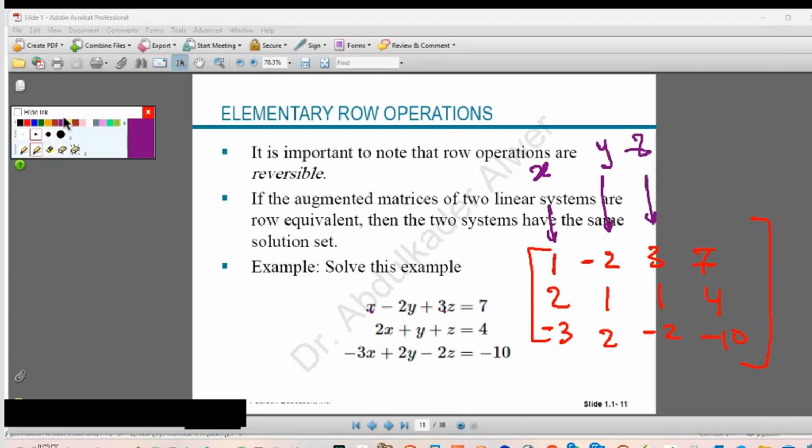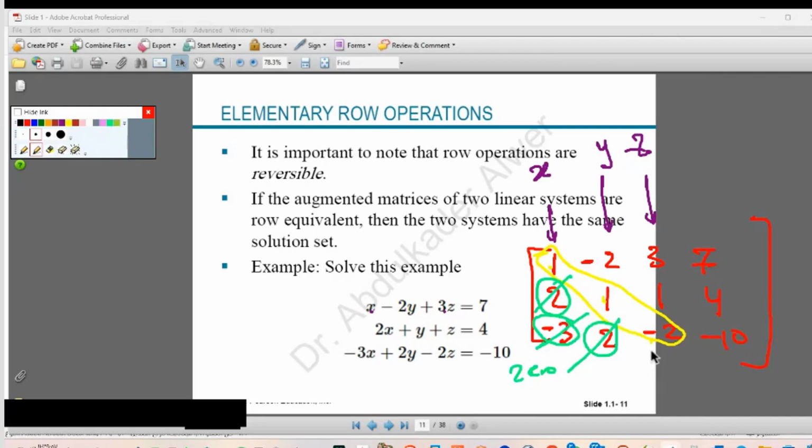My idea is, see, this is the main diagonal: A11, A22, A33 from the matrix. I need the numbers under it to be 0.